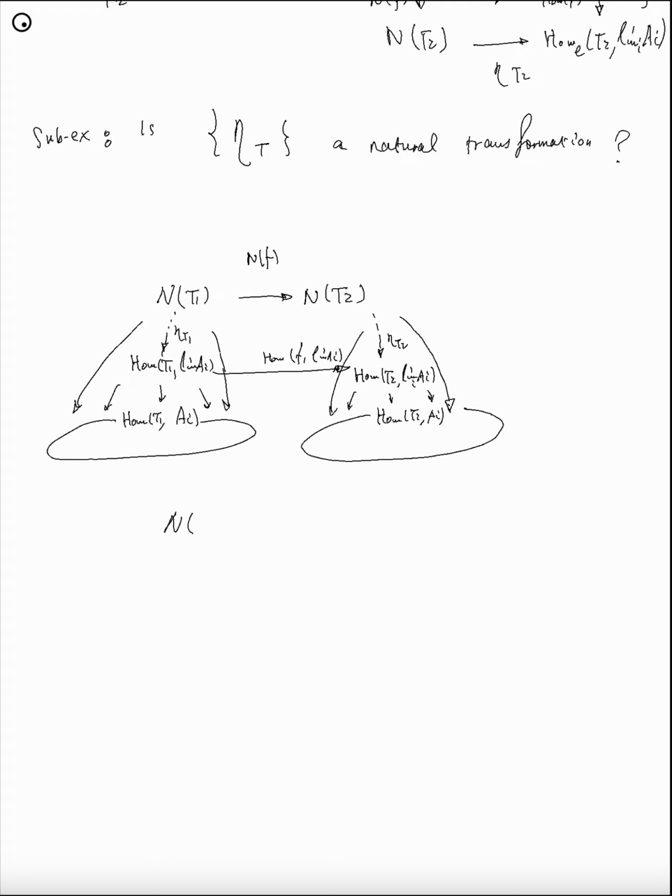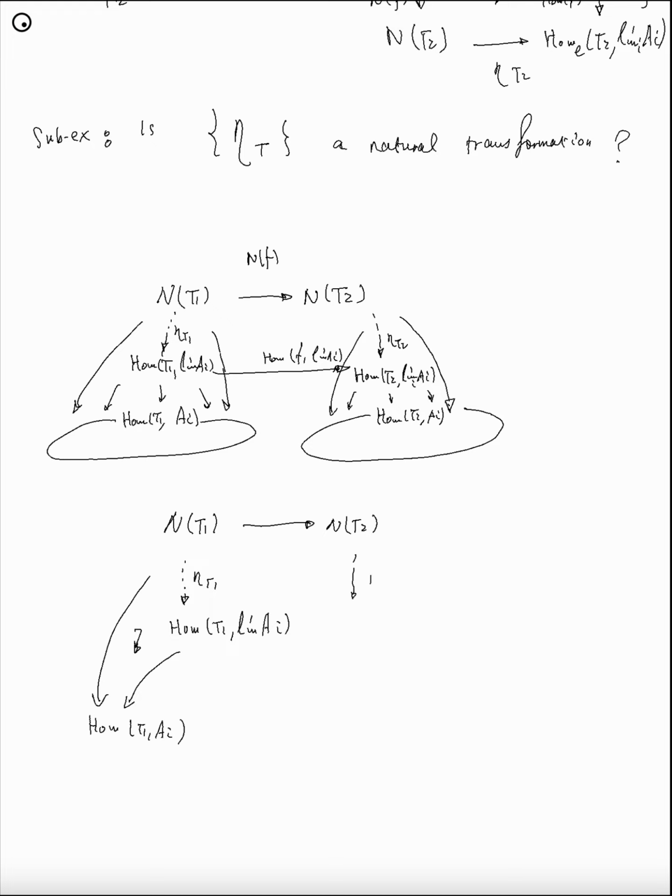Let me see whether I can write this more clearly. Eta T1. Let me just pick one of them, let's just pick this Hom T1 A_I. So this is a commutative diagram.